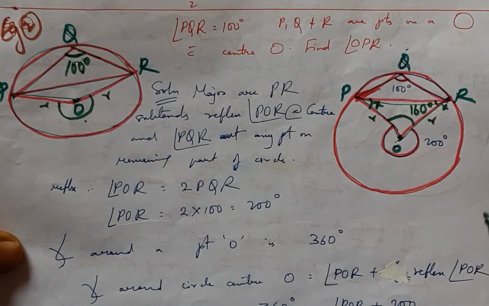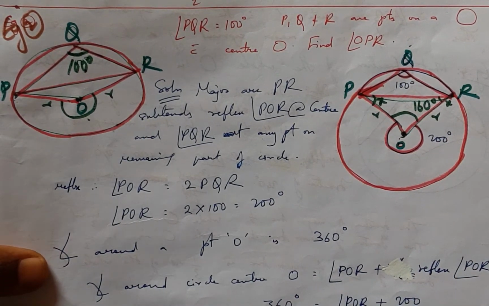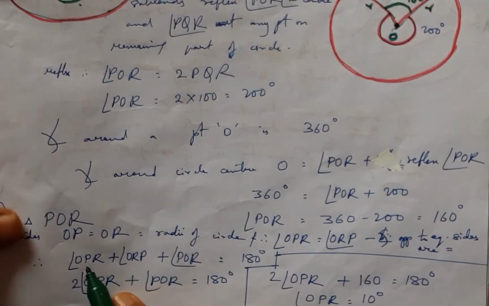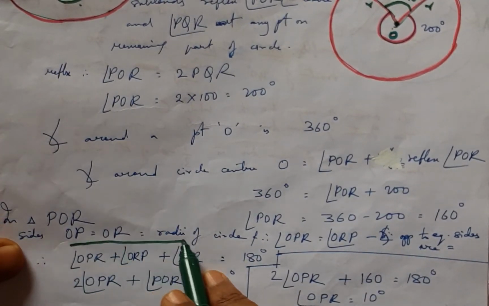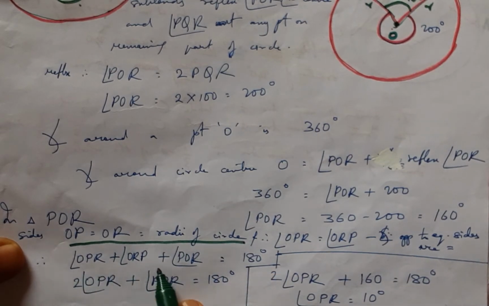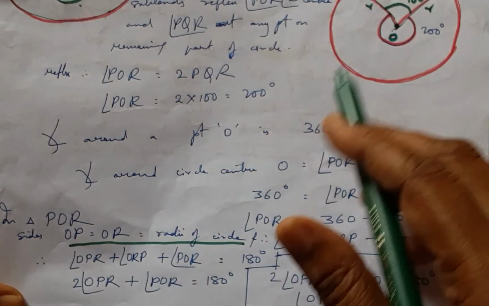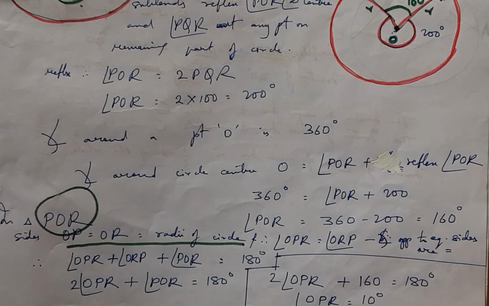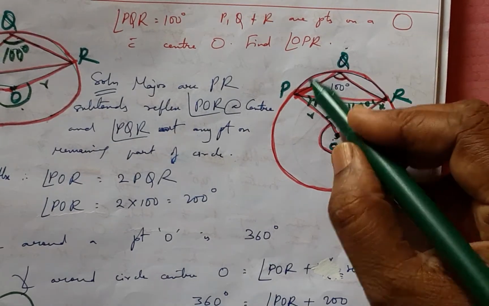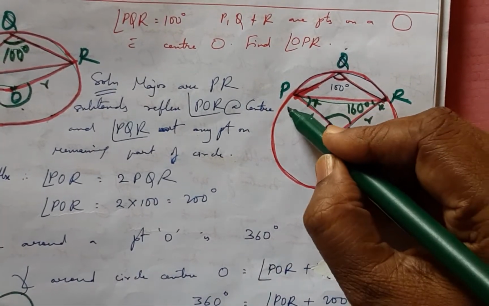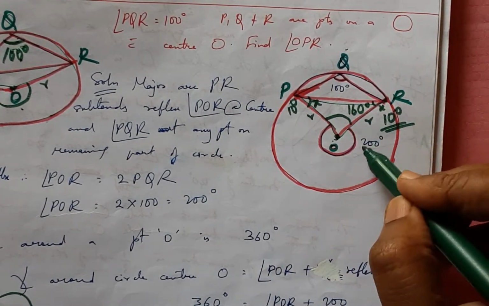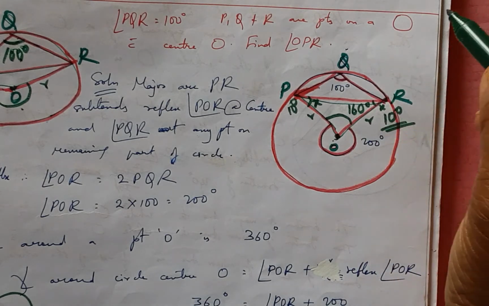Applying the angle sum property for this triangle POR, we have arrived at OPR as 10 degrees. Therefore angle OPR is 10 degrees and angle ORP is 10 degrees as well, and the sum is 160 plus 20 comes to 180, hence proved.